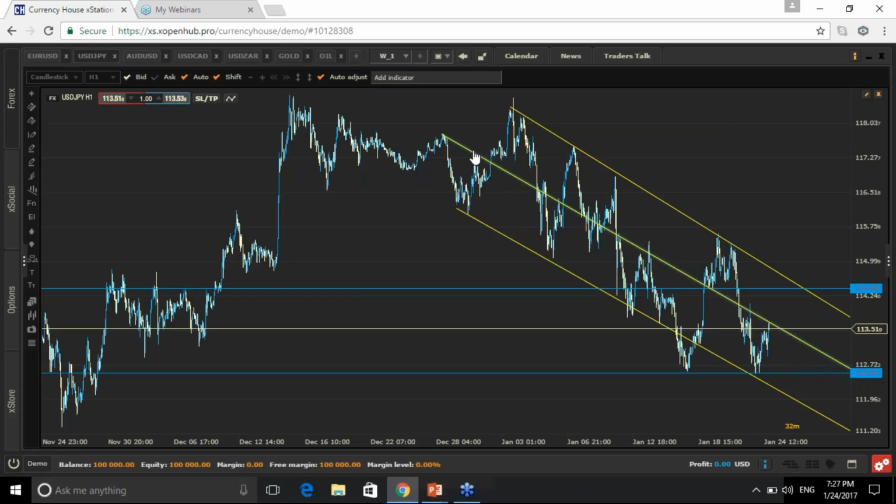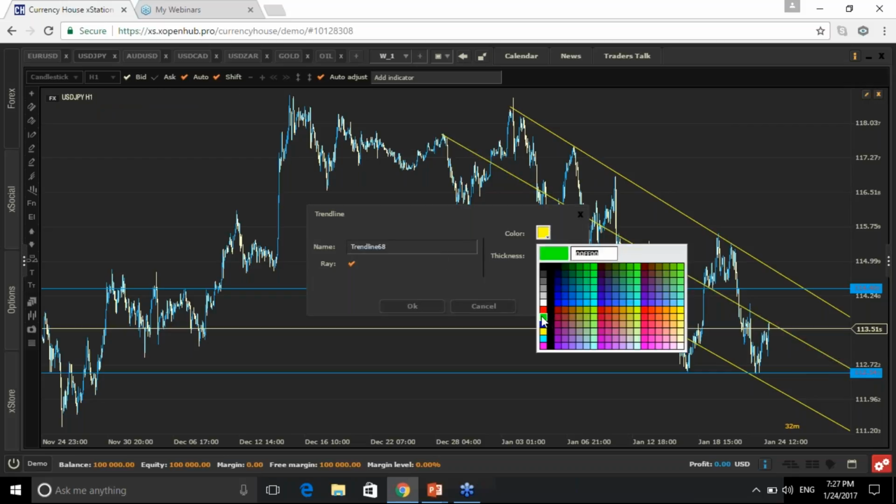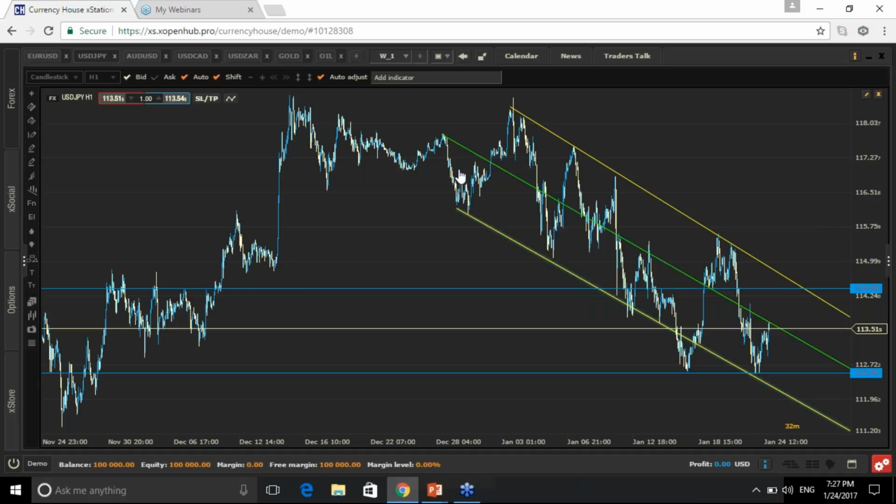Okay. You can see that this line divides this downtrend exactly symmetrically into two parts. And we're still in the bottom side of this range, the lower side.